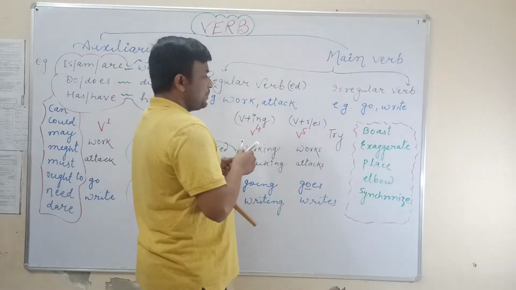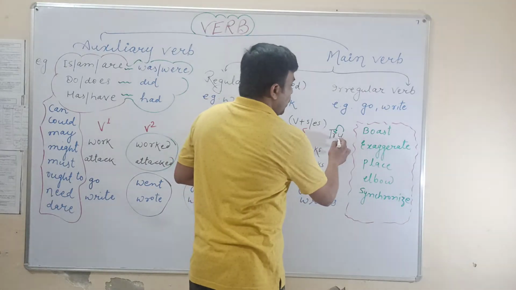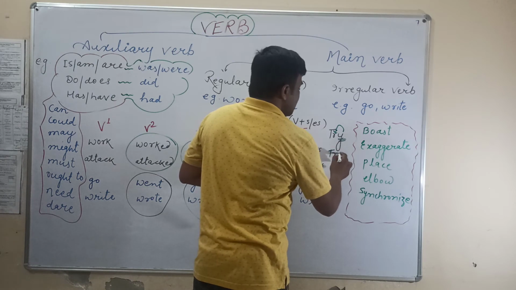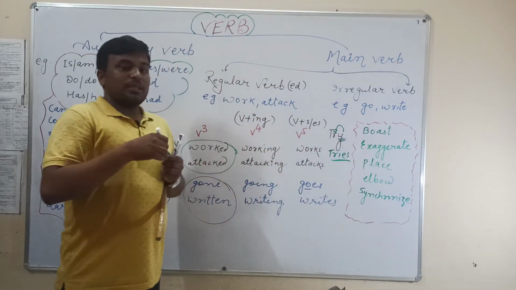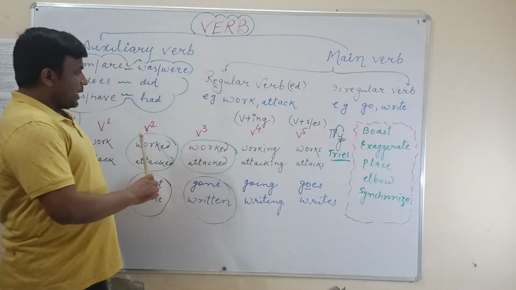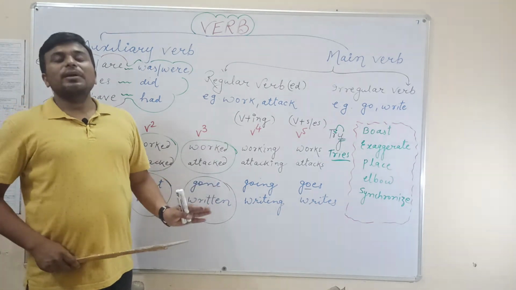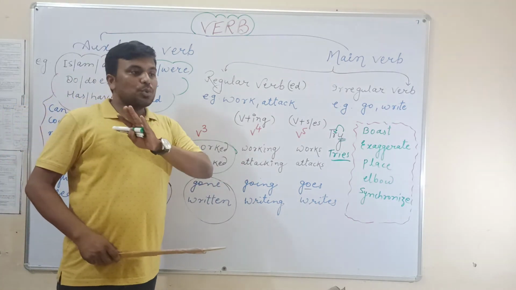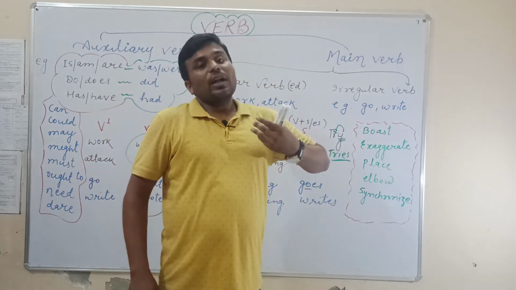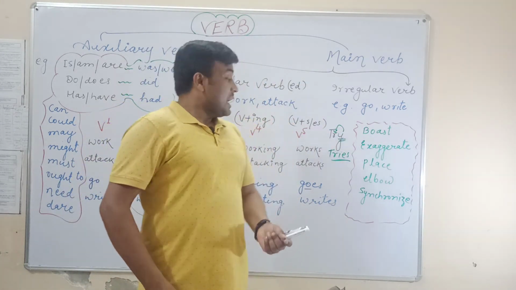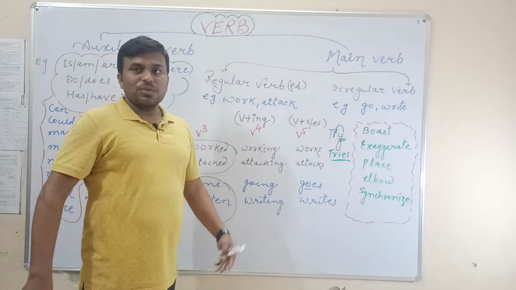If y is preceded by a consonant, then y will be replaced by ies. So this way you have understood how second, third form can be framed on your own. So don't panic. Usually students actually take tension, how can I learn all the verbs? Yes, so it will help you frame second, third, fourth and fifth forms on your own.